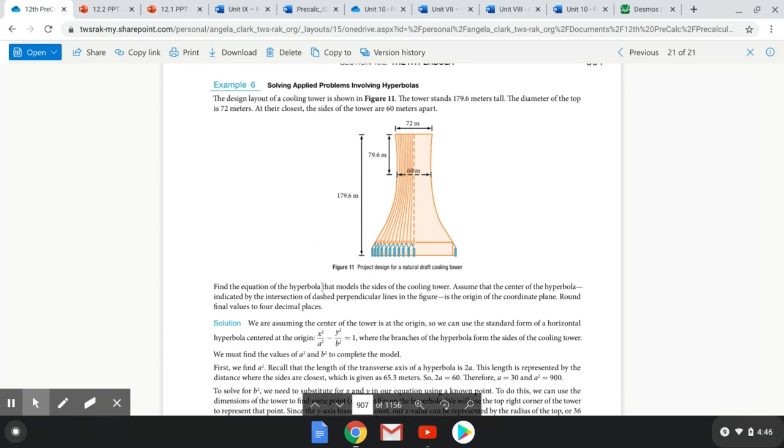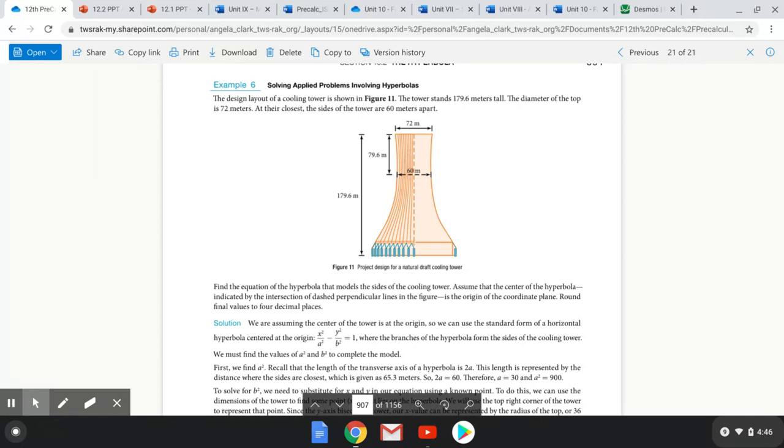Find the equation of a hyperbola that models the sides of the cooling tower. So we're finding this hyperbola here. Assume that the center of the hyperbola, indicated by the intersection of the dashed perpendicular lines in the figure, is the origin of the coordinate plane.